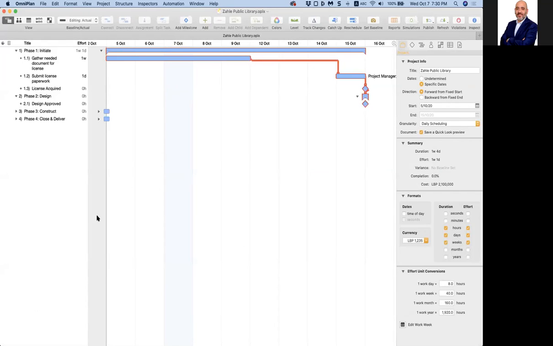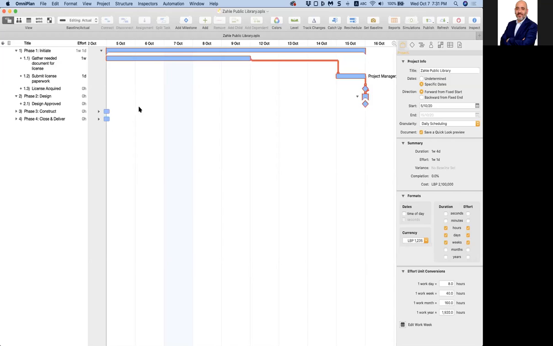Okay, now I want to use all the knowledge I talked about, from requirements gathering to breaking down to sequencing the activities to the critical path method to the cost elements. How can I put it all together and how can I start monitoring and tracking my project using OmniPlan or Microsoft Project?